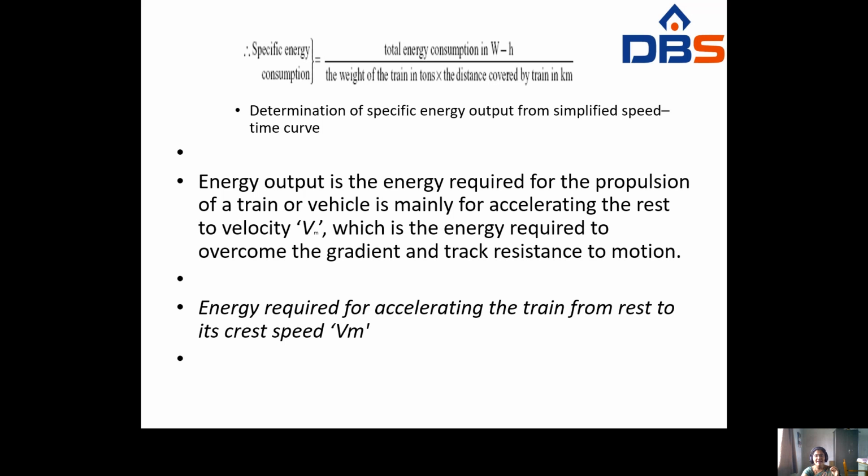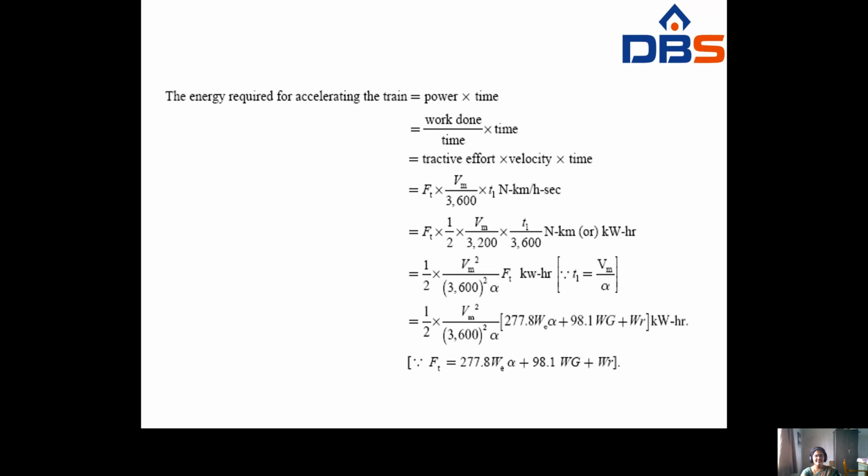So the energy required for accelerating the train from rest to its crest speed Vm. Energy is nothing but power into time, and power is nothing but work done by time.